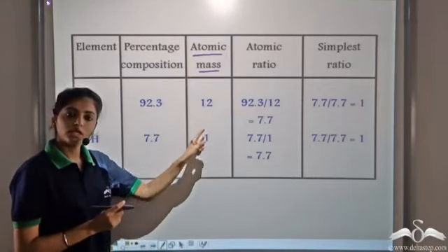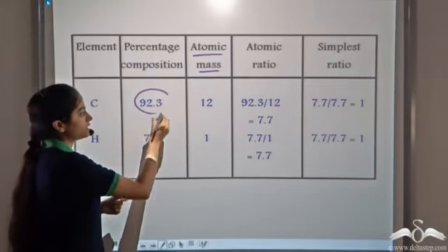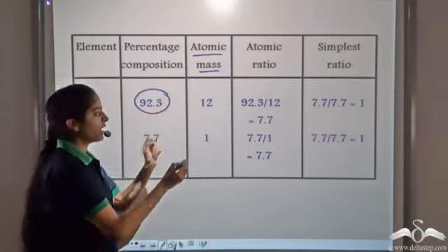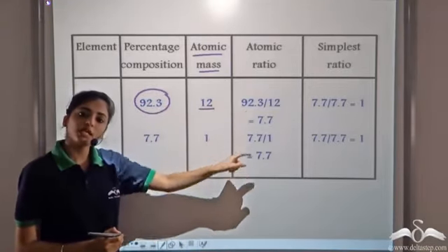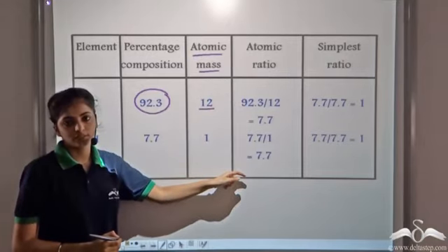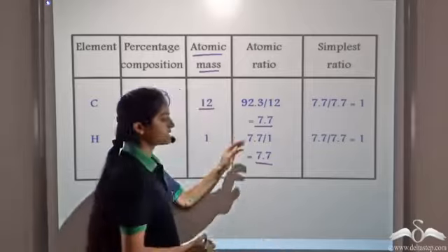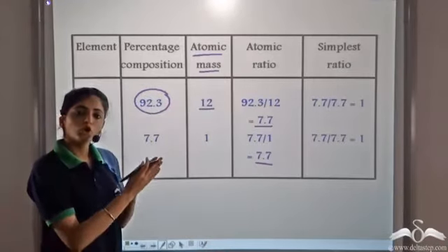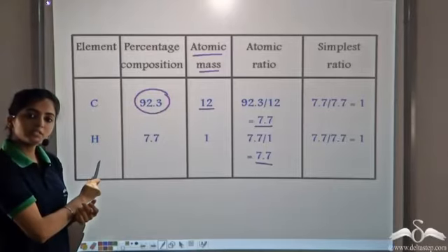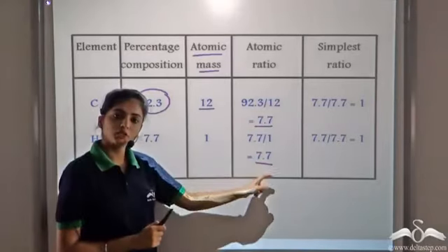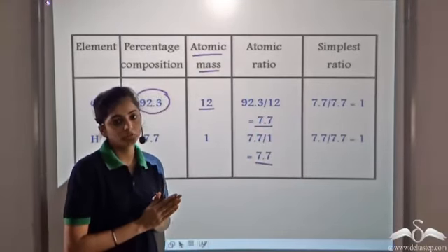On dividing the percentage composition by the atomic mass of each atom, we get the atomic ratio of the different elements. This is the ratio of the number of atoms present for the different elements.